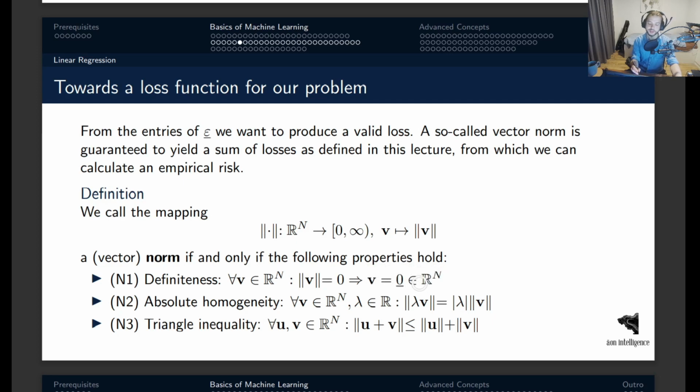So there should be no exceptions. The only vector that should produce a magnitude of 0 should be the 0 vector.